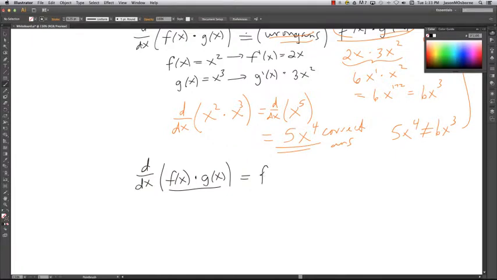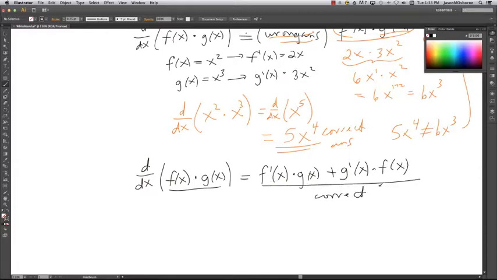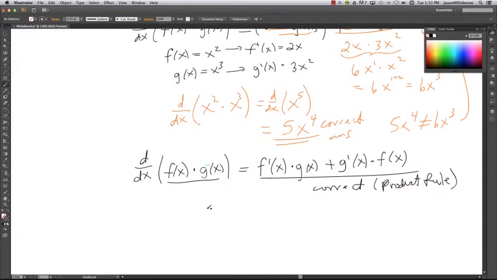So the correct answer is that it is f prime of x times g of x plus g prime of x times f of x. This is the correct formula. And this formula goes by the name of the product rule. The rule is the rule on how to take the derivative of the product of two functions.